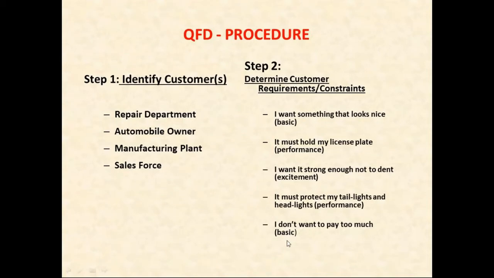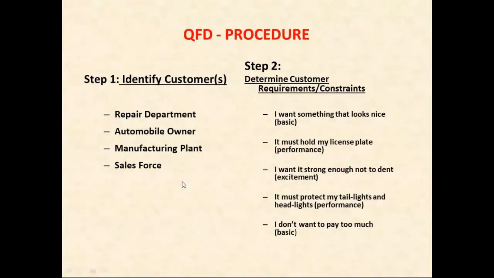So basic, performance, excitement, performance again, and basic, these are actually the requirements or constraints of the customers, found from the repair department, automobile owner, manufacturing plant, and sales force who use this product, that is the car.